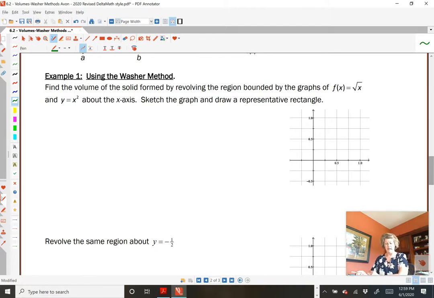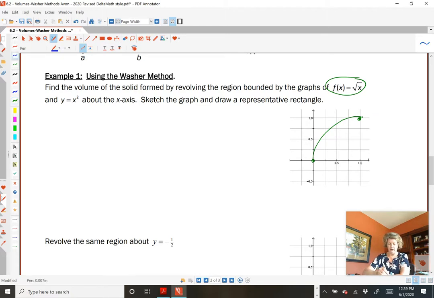It says find the volume of a solid generated by revolving the region bounded by the graphs f of x equals square root x and y equals x squared about the x-axis. Sketch the graph, draw the representative rectangles, and on our way. So if I do the first function, square root function, (0, 0) and (1, 1) would be two points on that curve, and I know it'll look somewhat concave downish.